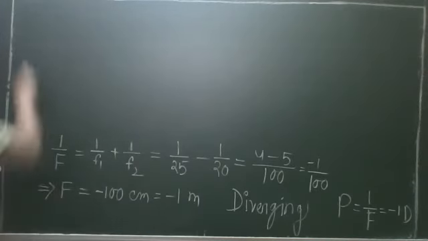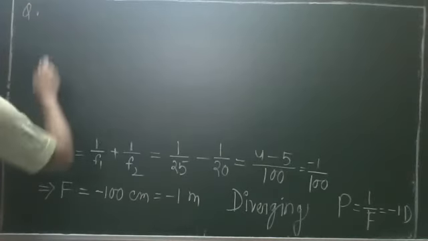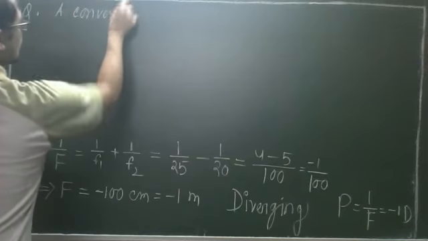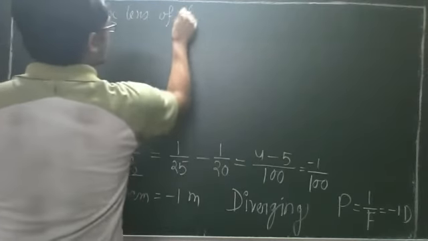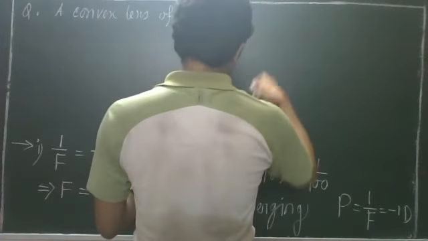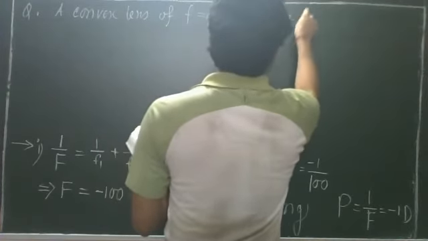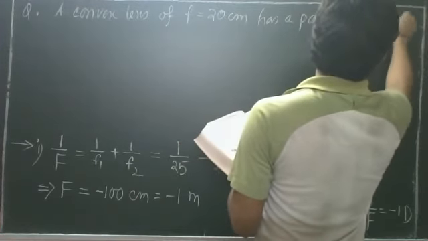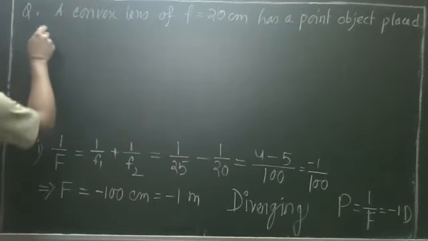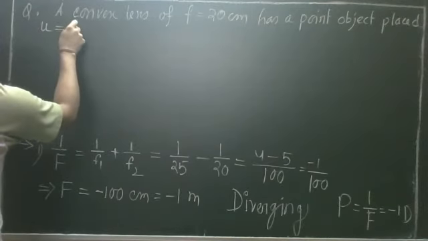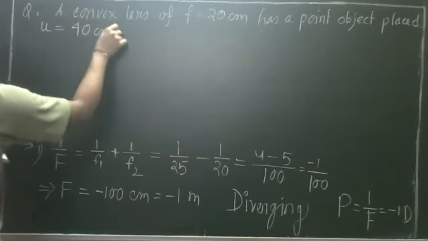First one: a convex lens of focal length 20 centimeter has a point object placed on its principal axis at a distance u, that is 40 centimeter, from that lens.